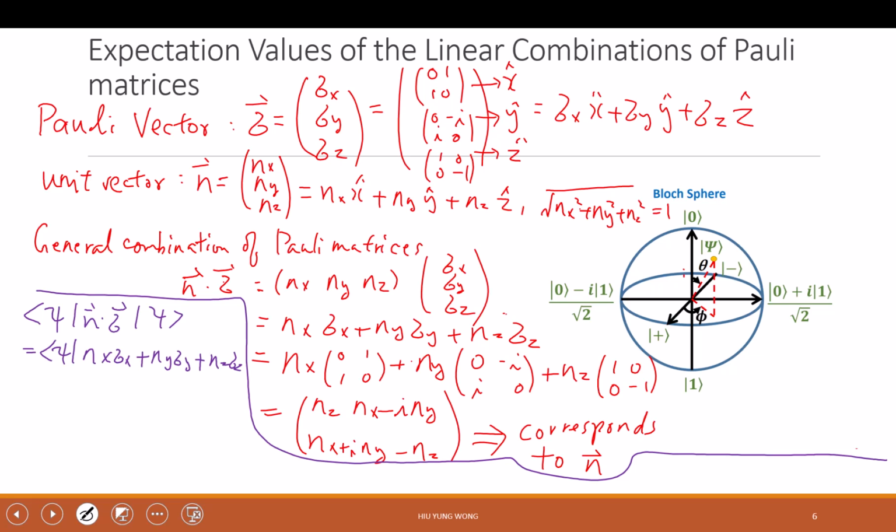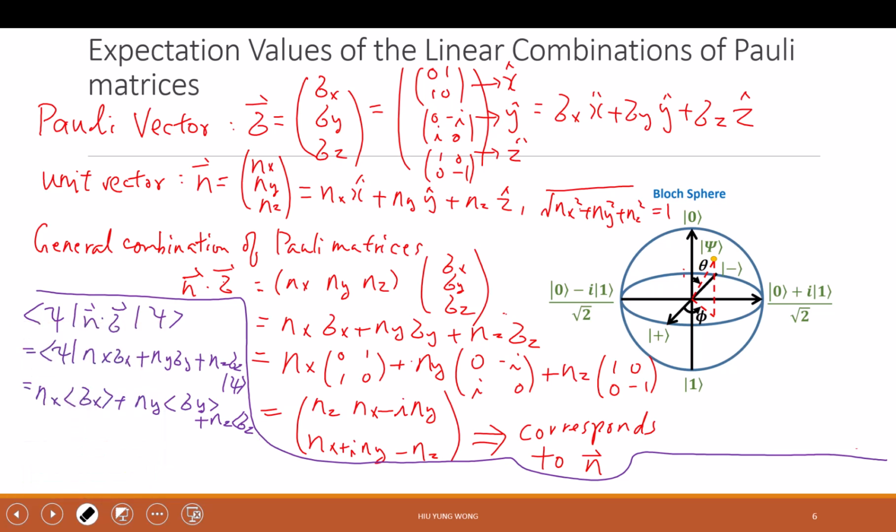And then I don't have space. Right, the whole thing, which is equal to, because it's linear, I can take this out: equal to nx times the expectation of sigma x plus ny times the expectation of sigma y plus nz times the expectation of sigma z.